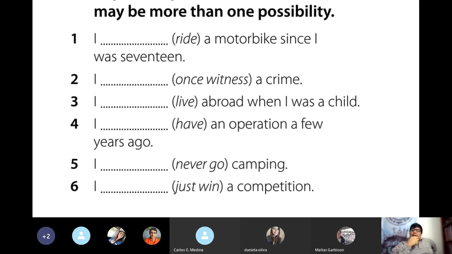I never go camping is correct. We have another frequency there, never. But if we have to choose between present perfect simple, present perfect continuous, and past simple, the correct option is present perfect simple. I have never gone.